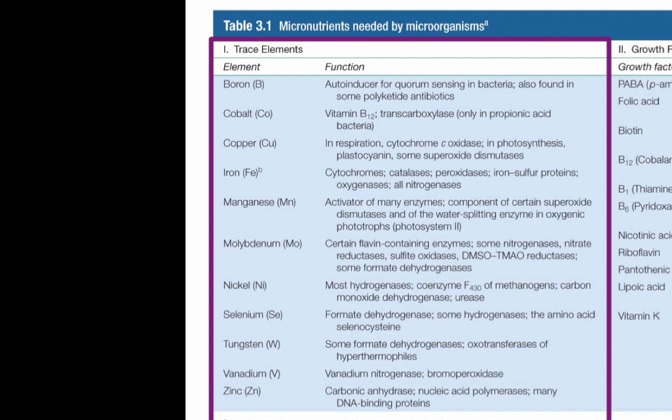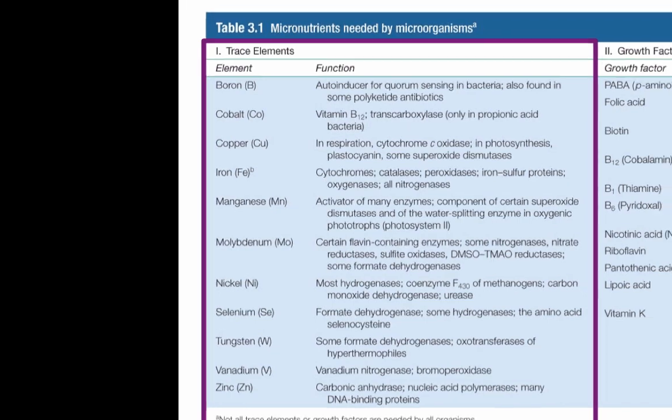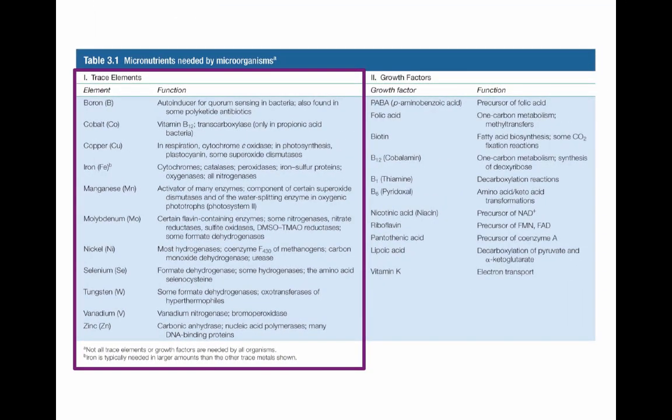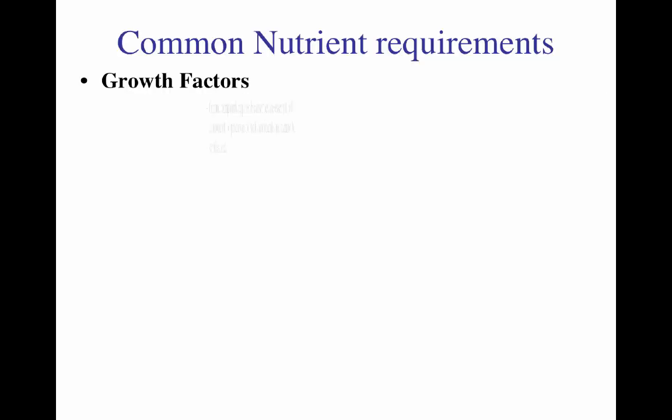For example, boron is part of the quorum sensing of many bacteria, molybdenum is part of the nitrogenase, and tungsten is part of the formate dehydrogenases. So closely examine how some of these trace elements are utilized, even in low quantities, for the biosynthetic and biochemical reactions happening in the microorganisms. They still need to get them from their environment to perform the biological functions.